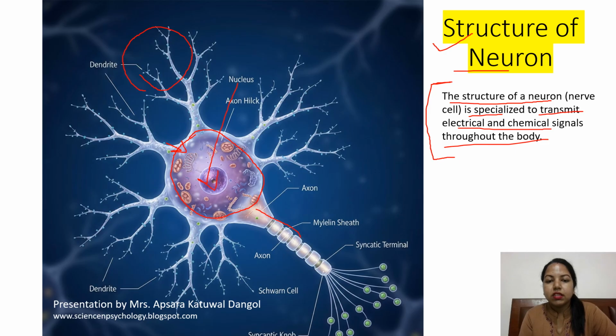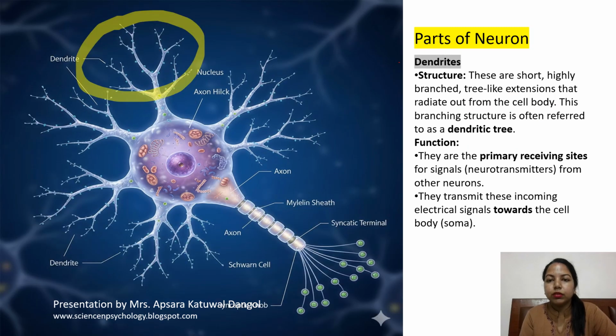This part is the axon, where we can find the myelin sheath as well as the nodes of Ranvier. At the end point, we find the axon terminals, which we can also call the synaptic terminals. So this is overall the structure of a neuron. Now let's discuss them in detail.